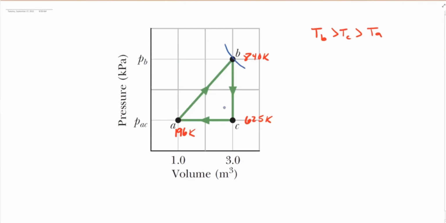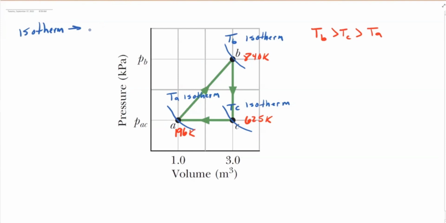There's the isotherm for B, the isotherm for C, and the isotherm for A. This is the TB isotherm, this is the TC isotherm, the constant temperature at state C, and this is the TA isotherm. And you can see now when you just draw these isotherms, and you know isotherms are always hyperbolic.